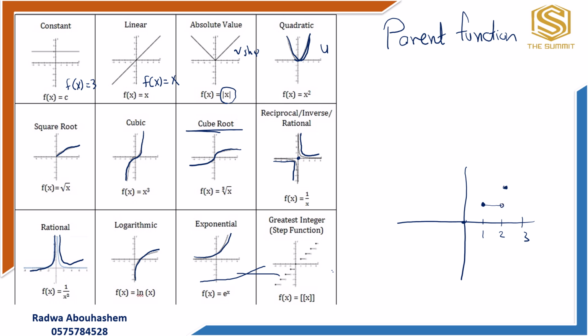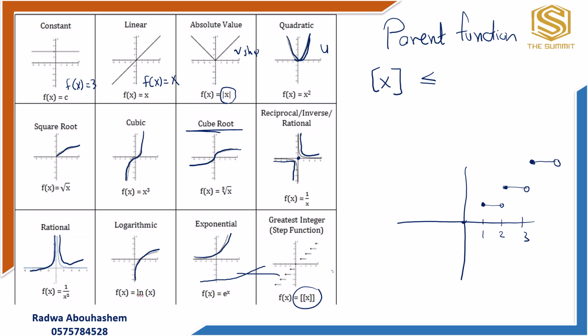Closed circle, open circle, another step. Closed circle, open circle. This is the greatest integer function, and for the greatest integer function, the number should be less than or equal to the value, the nearest integer.